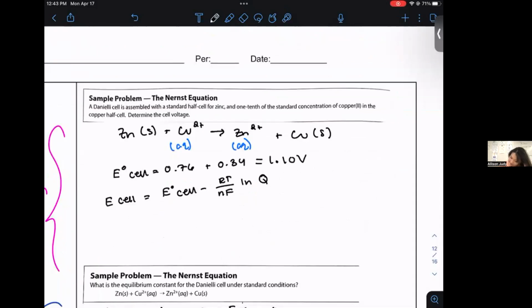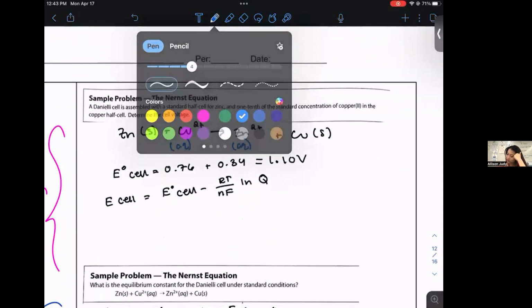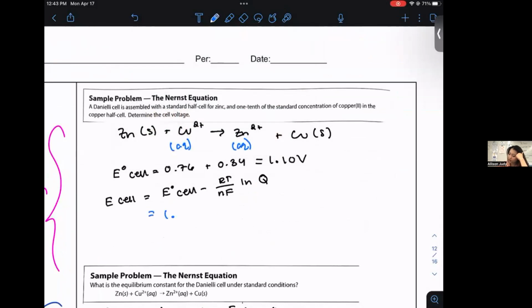So what you say here then is, you have 1.10 volts minus 8.314 times the temperature.